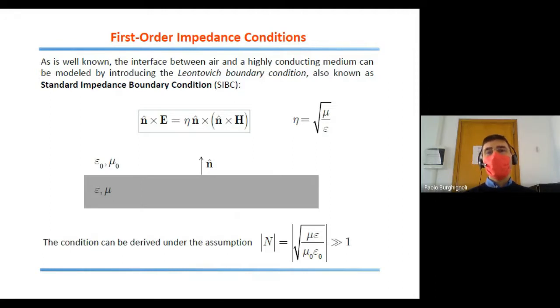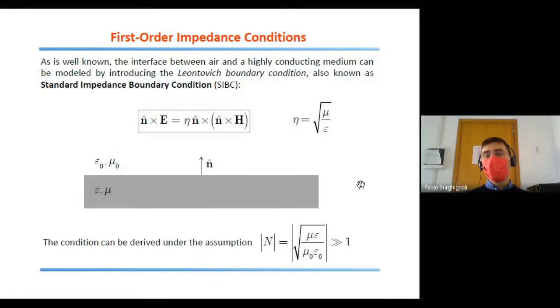The boundary condition relates the tangential component of the electric field and the tangential component of the magnetic field at the interface between an upper medium, which could be vacuum, for instance, as in this figure, and a lower half space where the medium is assumed to be characterized by a very high refractive index contrast.